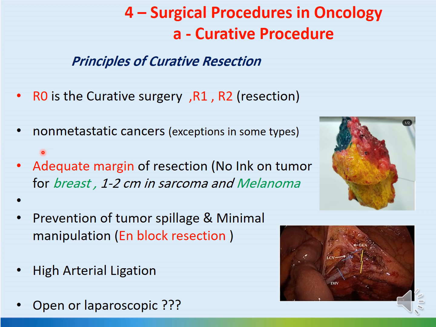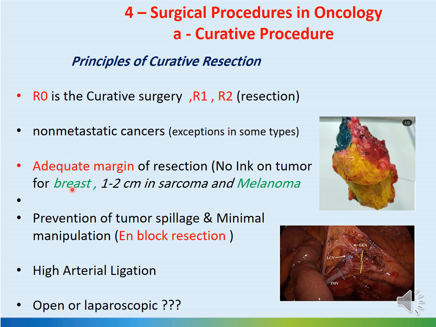But in most solid malignancies, in order to get the cure, we have to make sure that the cancer is not metastatic, there is no distant metastasis, and the mass is resectable. So in order to do the curative procedure, in most cases the cancer should be non-metastatic.